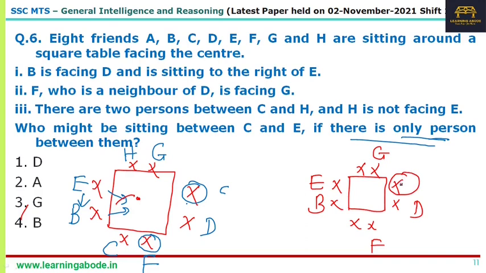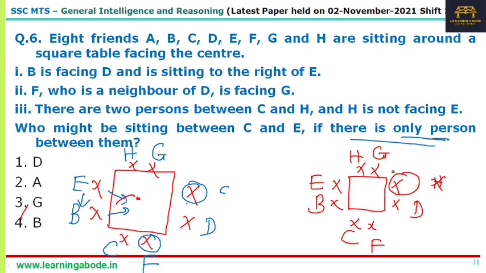Because F should be sitting opposite to G. Then we have C and H. There is one person between C and E, so we can only place C here, and H is not facing E, so we cannot put H here, so H should be here. So this is the position. One more person is left out, but that is not a concern here.